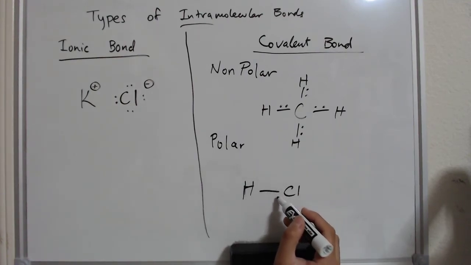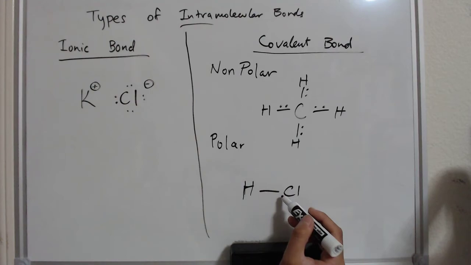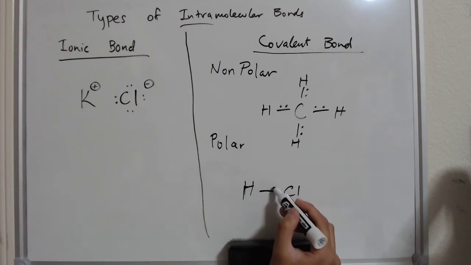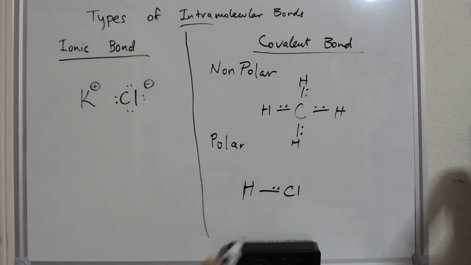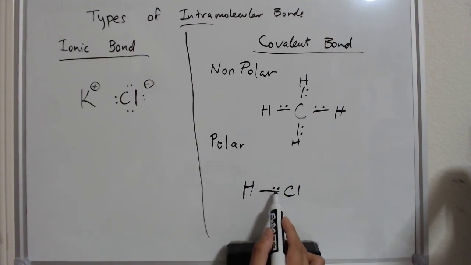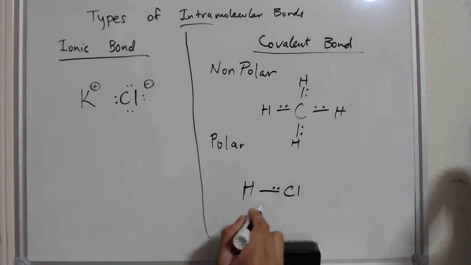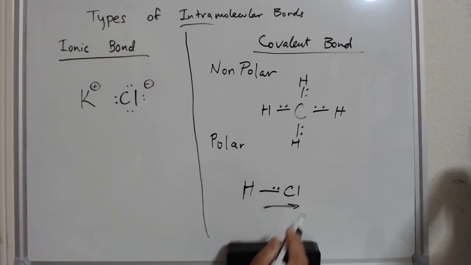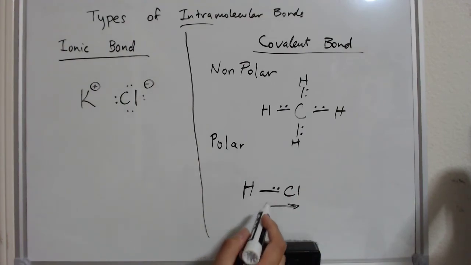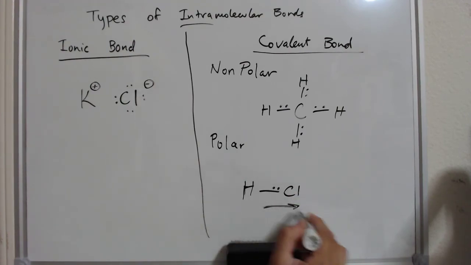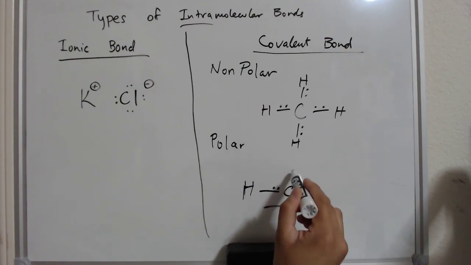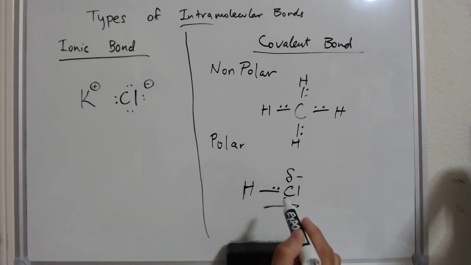So what happens here is they're still sharing the electrons, but they're a little bit closer to the side of chlorine. Since there are more electrons on this side of the molecule, this side will have a partial negative charge.